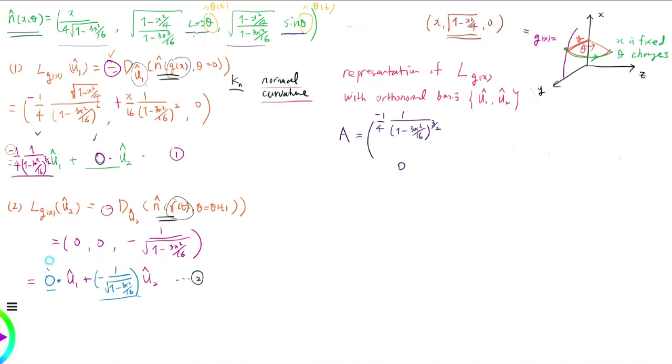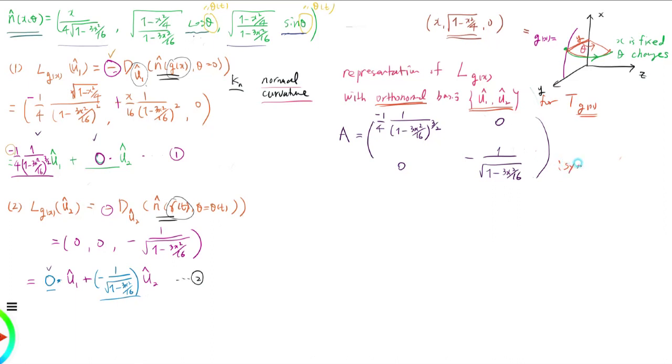And the next one, 0 and minus 1 over square root of 1 minus 3x squared over 16. And let me give you a brief comment for finding the orthonormal basis of the tangent vector on this generating curve.